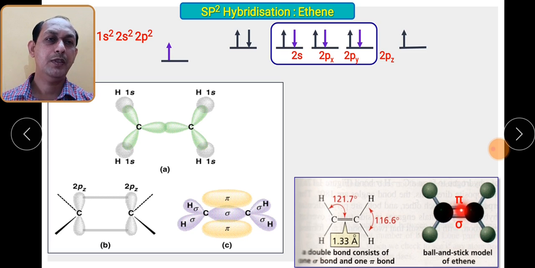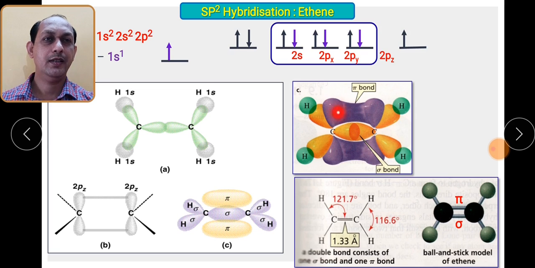Always remember this diagram, the ball and stick model. The sigma bond is formed by sp2-sp2 overlap, while the pi bond is formed by pz-pz lateral overlap. You can see one is a sigma bond, one is a pi bond, and the bond angle is almost 120 degrees.